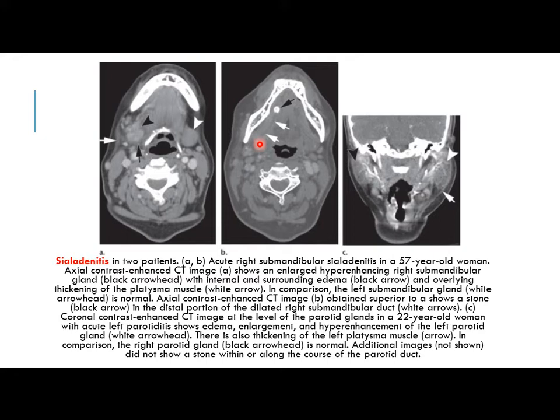Why? Because the duct of the submandibular gland courses upwards, and it has a small papillary orifice, and the viscosity of the saliva in the submandibular gland is higher. So these conditions predispose to the formation of sialoliths more in the submandibular gland rather than the parotid glands.